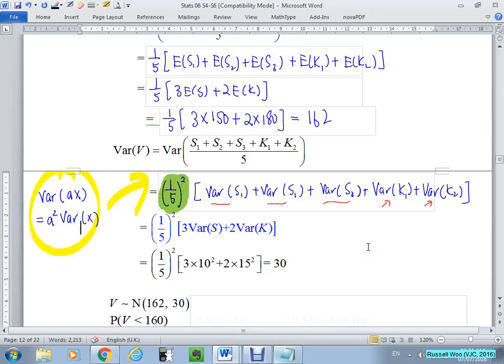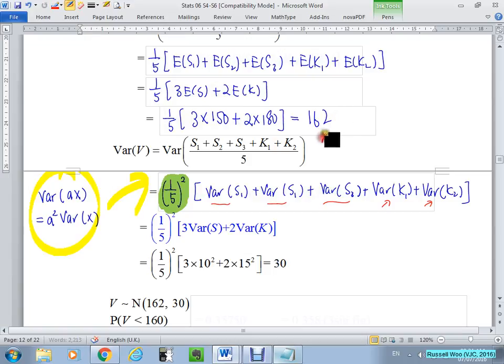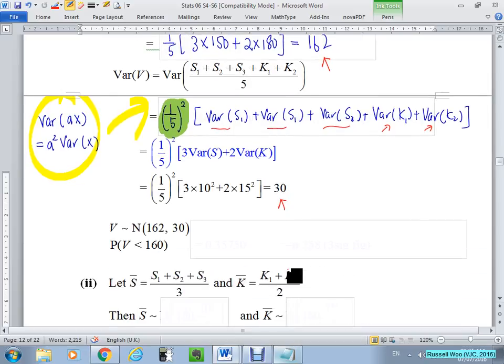Our final objective really is to know the expected value of V and the variance of V. Once you know these two numbers, it's done. Because S1, S2, S3 are normal, S follows a normal distribution, K follows a normal distribution, V must follow a normal distribution. Just press the calculator, answer is out.